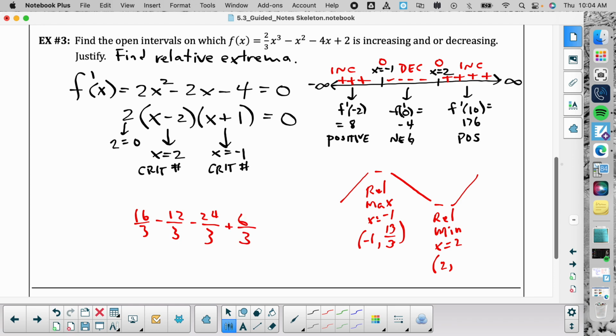I think it's negative 14 over 3. That one? No, the final answer. Gotcha. I thought you were making me question my multiplying. So negative 26, not negative 26. 4. Minus 24 would be negative 20 plus 6, negative 14. Yep. Negative 14/3.